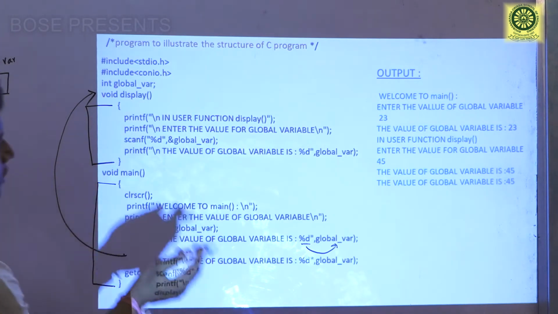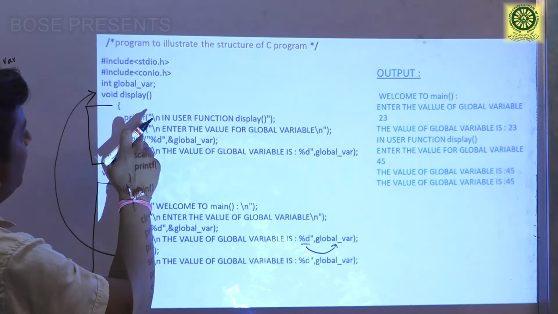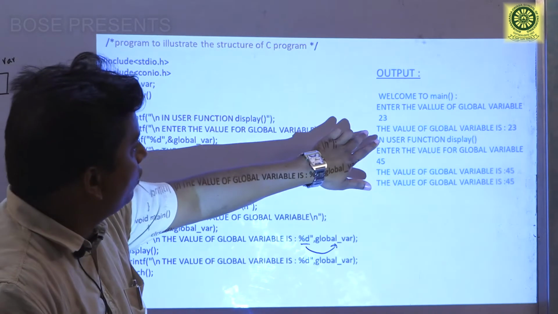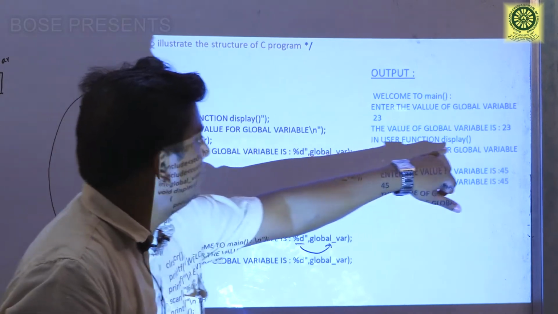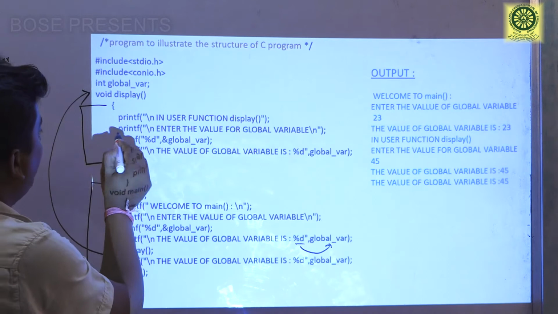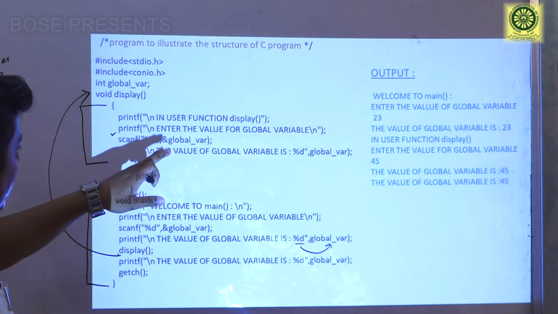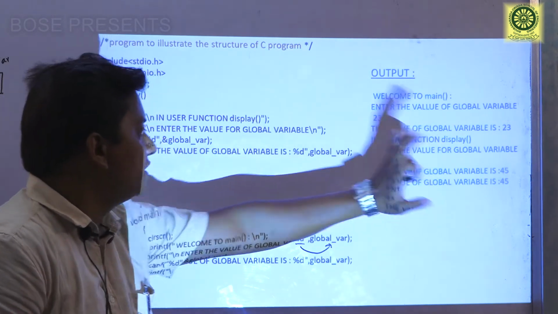In my output I have written: in user function display. Then after that a printf statement is written, in which I have written enter the value for global variable. The same message is written.